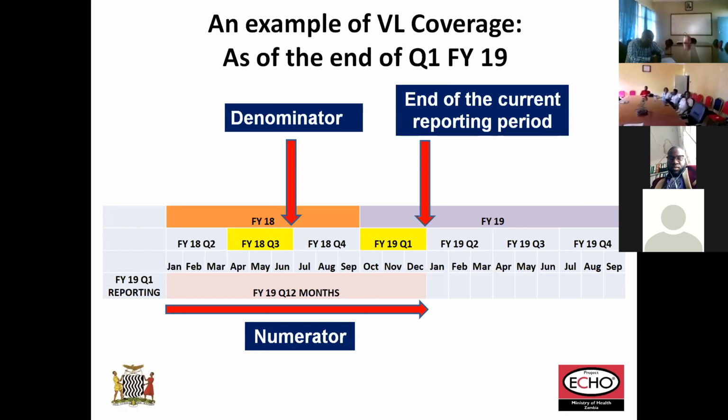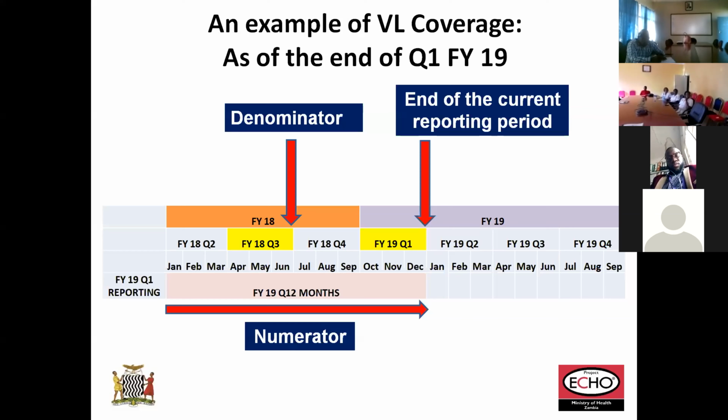The total number of patients on ARVs that you use as a denominator is the one you had as of the end of the reporting period that ended 6 months prior to today. So that's basically the viral load coverage.